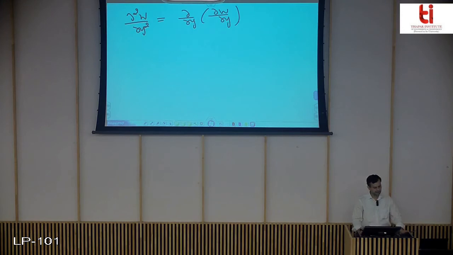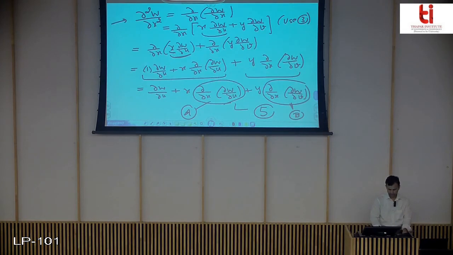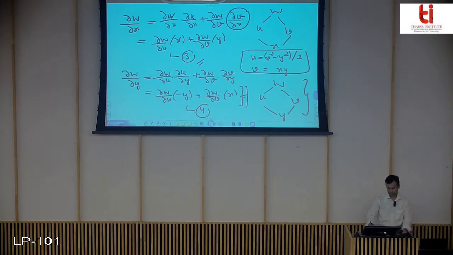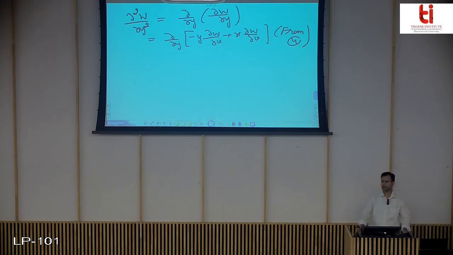Now here you can see again the same things will be happening. Put the value of the first derivative of w with respect to y that you have found, equal to this one from equation number 4. From equation number 4 here, in the beginning, yes, here it is. So you have found the derivative of w with respect to y, and now you substitute it back in this equation. Now when this is substituted again, similarly you can differentiate this term.